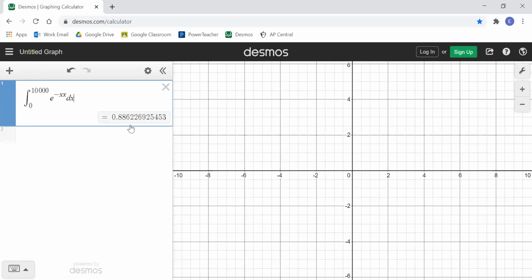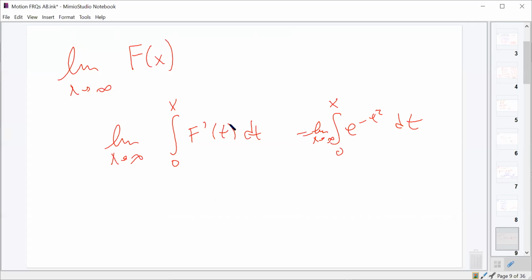And you can see it comes out to be 0.886226925453 or whatever, which is very close to choice A, which is what they said the answer was. But they meant to write the limit as x approaches infinity of f of x, not f prime of x. So hopefully that clears that one up a little bit for 45.